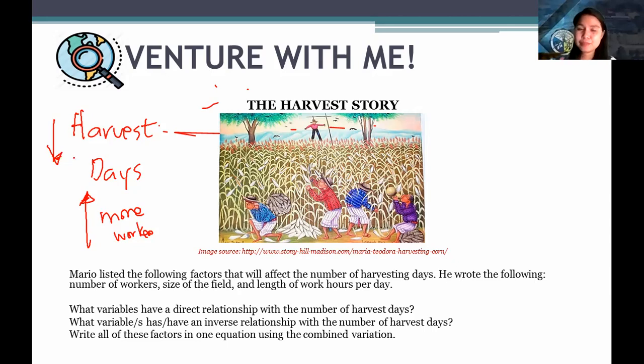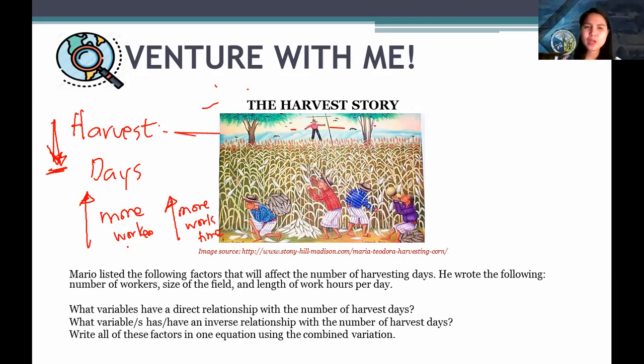What else? What variables can make the harvesting days faster? Or we only have few harvesting days? Oh, very good, Jared. If we have more work time, then harvesting days will be lesser.